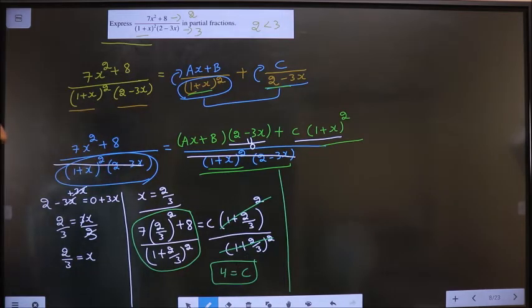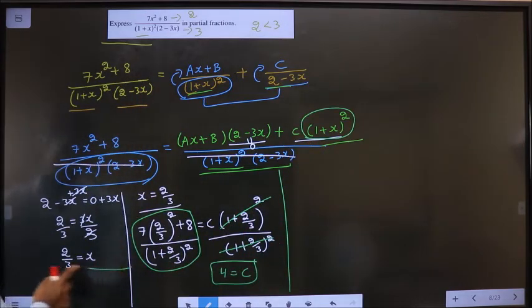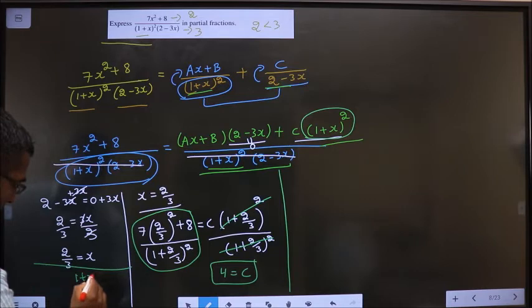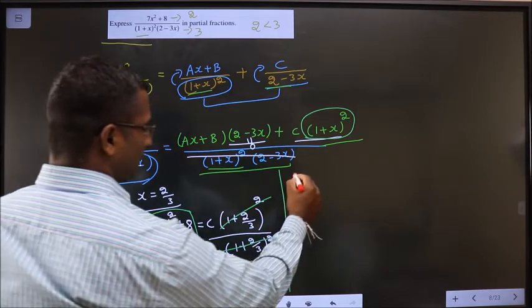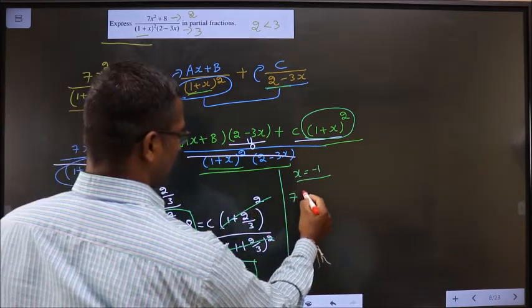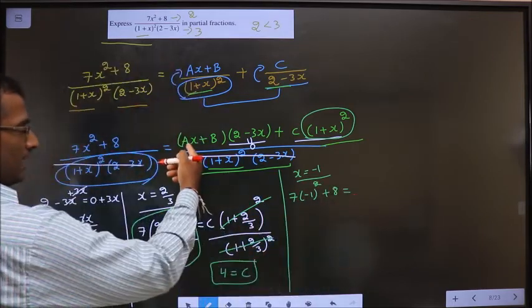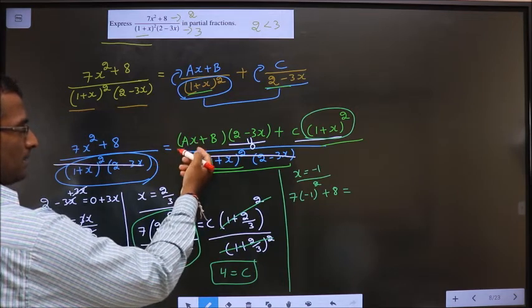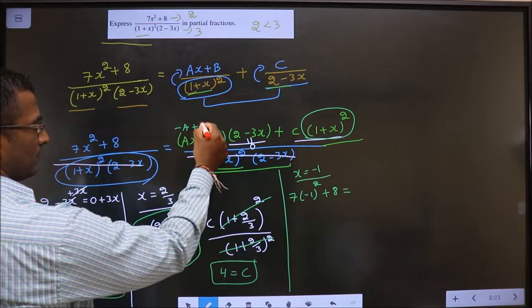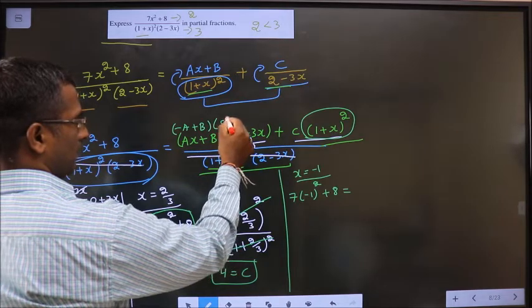Next, this time I will try to make this bracket 0. So 1 plus x is equal to 0. Take minus 1 on both sides. This cancels out, x should be minus 1. Now I take x value to be minus 1. So here it will become 7 times minus 1 whole square plus 8 is equal to, over here, a into minus 1 minus a plus b times, here x is minus 1, so 2 plus 3 it will be 5.